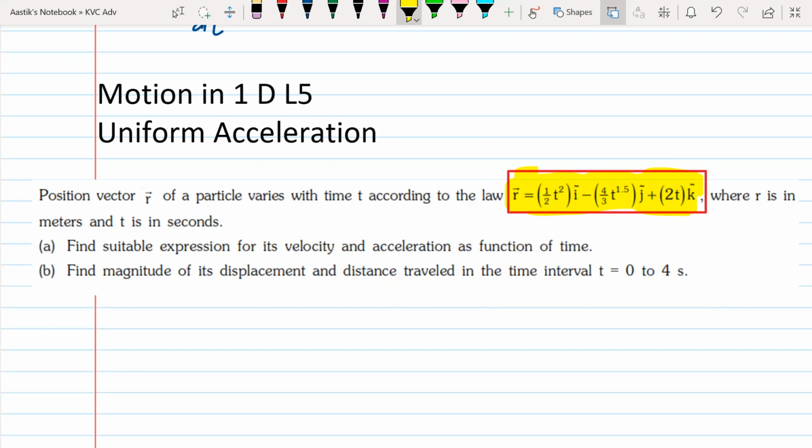Anjali, Chandrika, Kaushik, everyone is trying the question, right? Okay, I'll give you time.